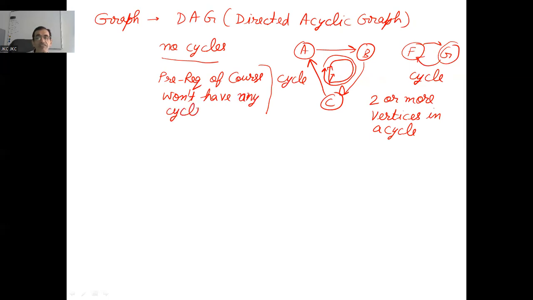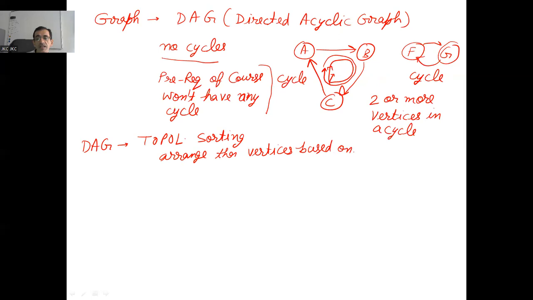So if I have a DAG, then topological sorting effectively means that we are going to sort or arrange the vertices based on the direction of the edges.